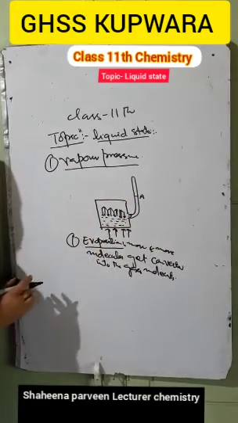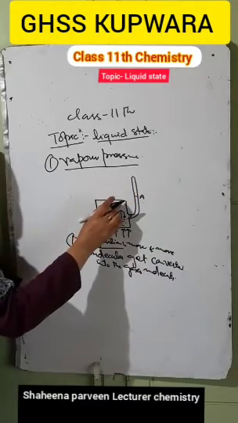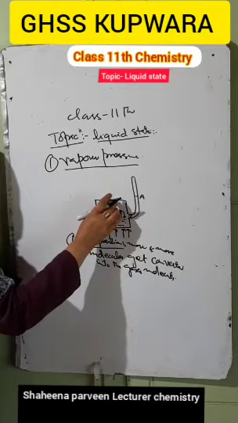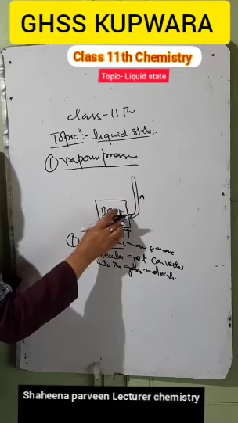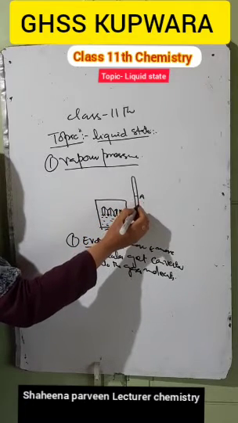Now after some time what will happen? Some of the gas molecules will start condensing back into the liquid state, and that process is called condensation, which is shown by decreasing level of mercury in the manometer.